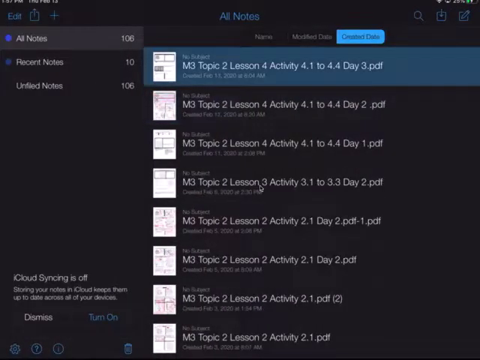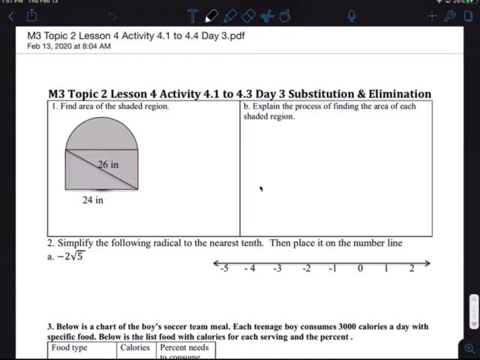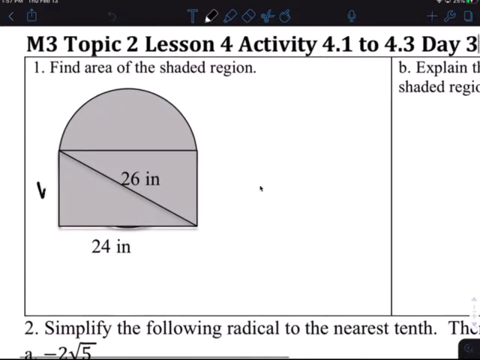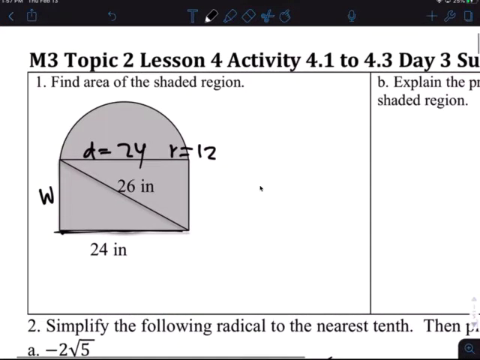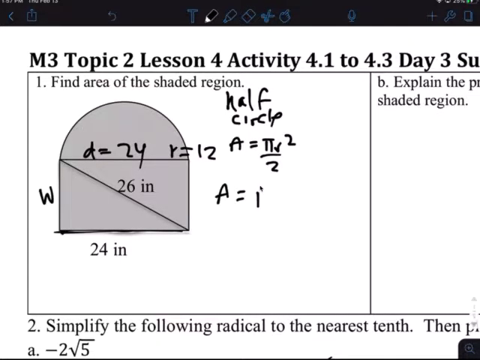Today, also the green worksheet is due. This one, I mentioned in class, this was missing. D is 24, which is right here. Radius is 12. Okay, so the area of the shaded region, half a circle, is pi r squared divided by 2. Area is pi times 12 squared divided by 2.